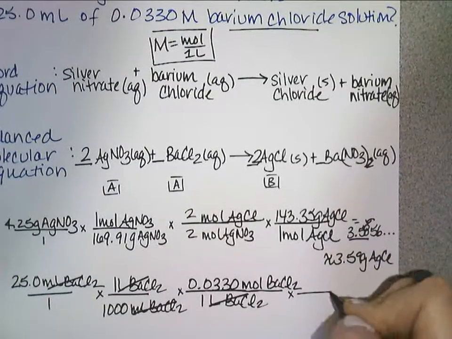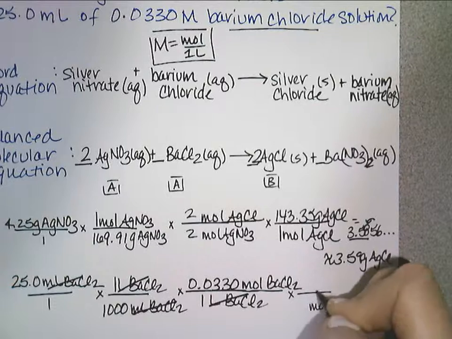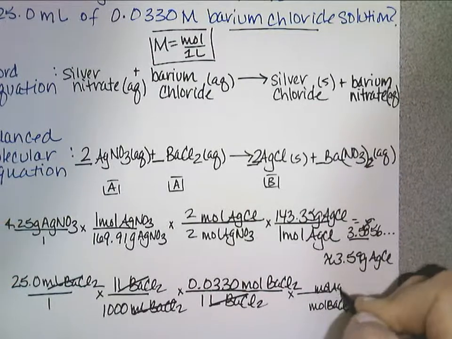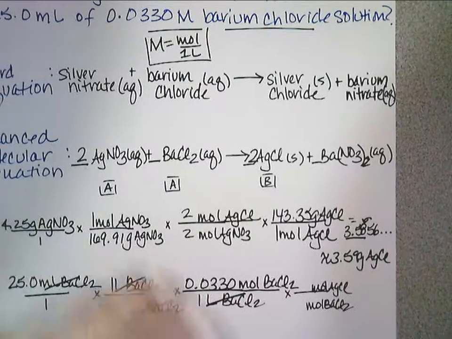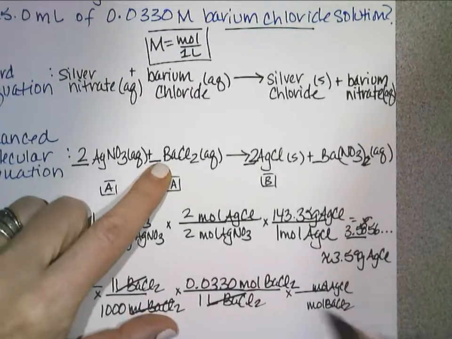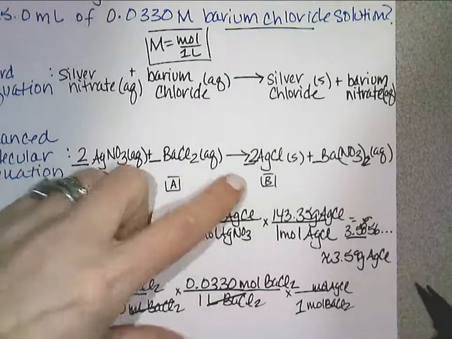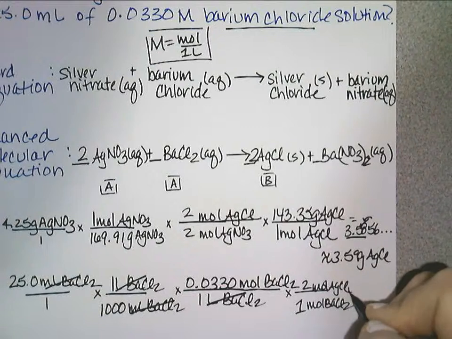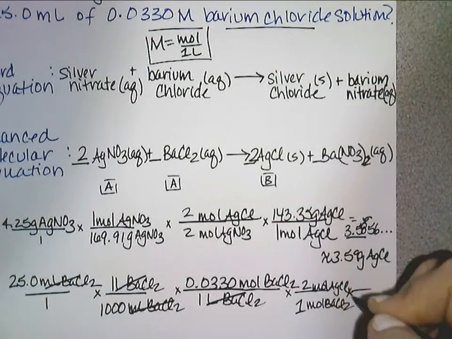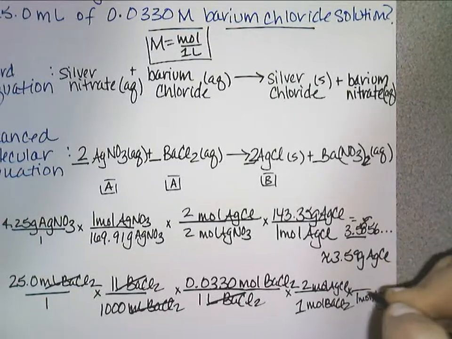So we've got to use the mole ratio. So moles of BaCl2 to moles of AgCl. And from the balanced equation, we can see that for every 1 mole of BaCl2 that reacts, 2 moles of AgCl are produced. And so now we've got to use the molar mass, 1 mole of AgCl.